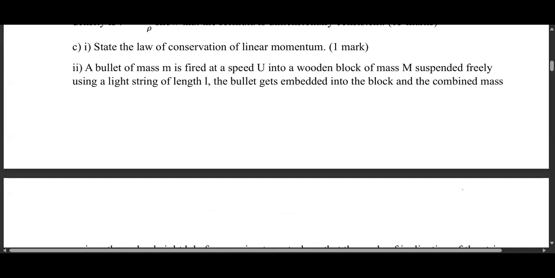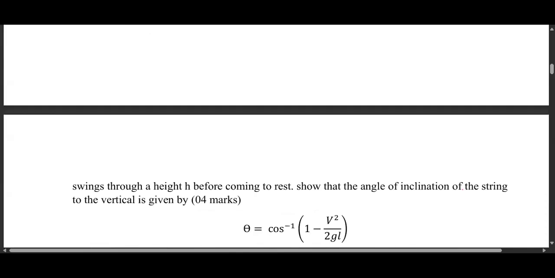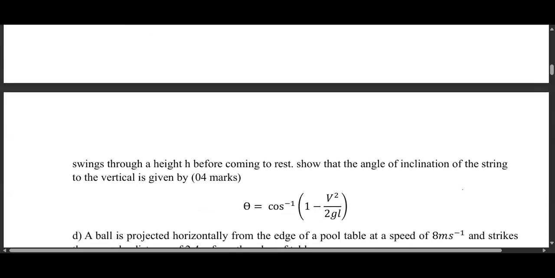The bullet gets embedded into the block, and the combined mass swings through a height h before coming to rest. Show that the angle of inclination of the string to the vertical is given by that expression: theta equals arc cos of 1 minus v squared divided by 2gl.